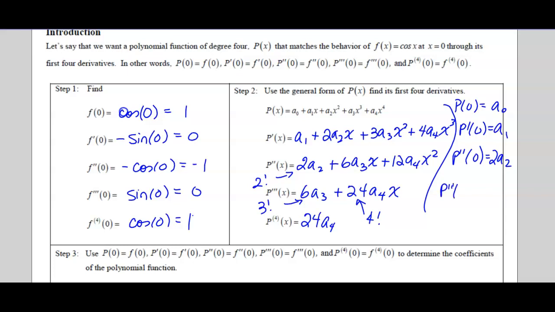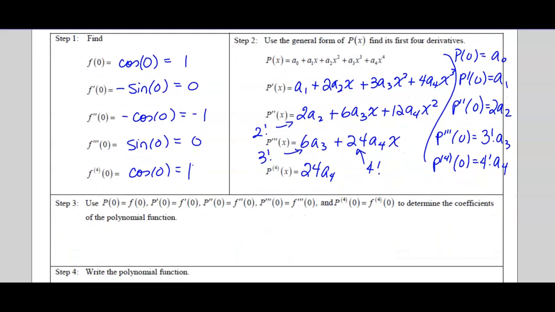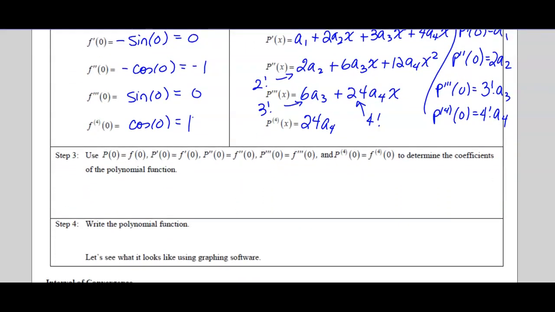Triple prime, let me fix that a little bit here, equals 3 factorial a3. I'll start using the factorials. Okay, and so that's going to help us now come up with our coefficients. So we've got those values. Now determine the coefficients of the polynomial function.